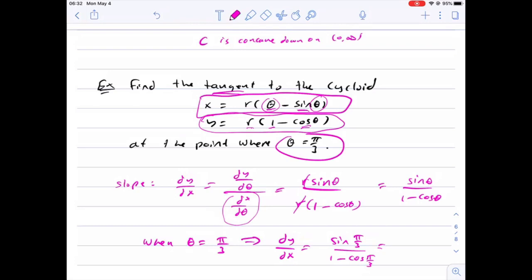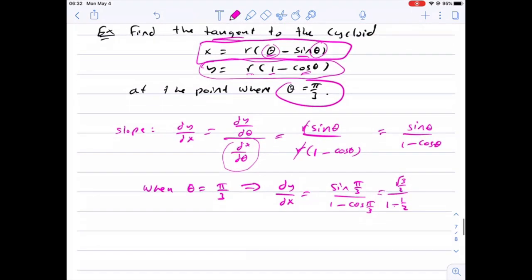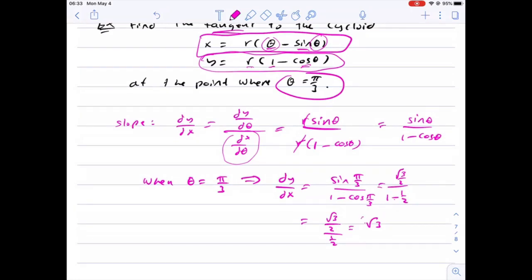But sine pi over 3 is square root 3 over 2, and cosine pi over 3 is 1/2. So we have square root 3 over 2 over 1/2, and that's just square root 3. So this is the slope.